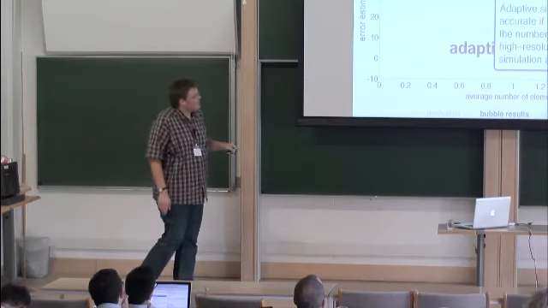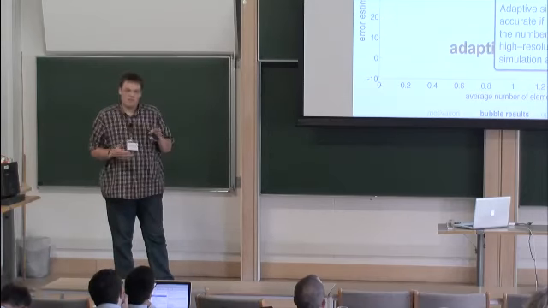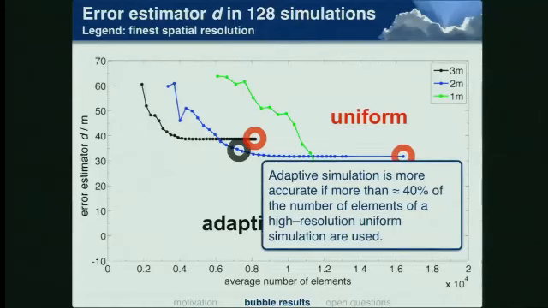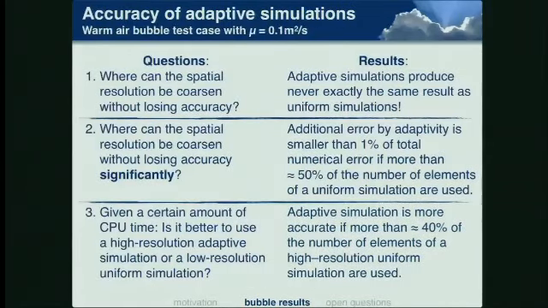The adaptive simulation is more accurate if more than about 40% of the number of elements of the high resolution uniform simulation are used in this case. So that's my result for the third question. I told you, please let us assume that this error estimator is really working, but I'm not 100% sure.